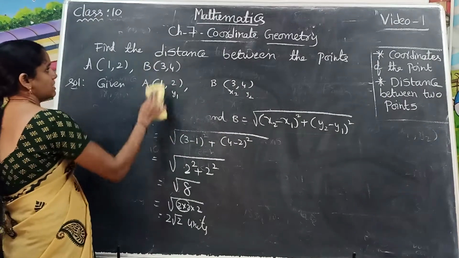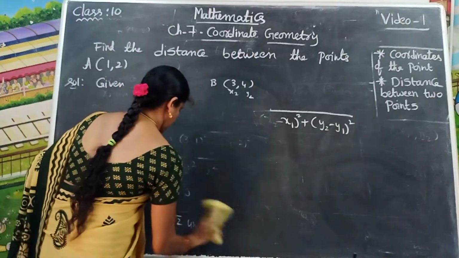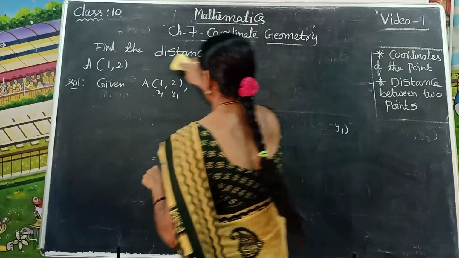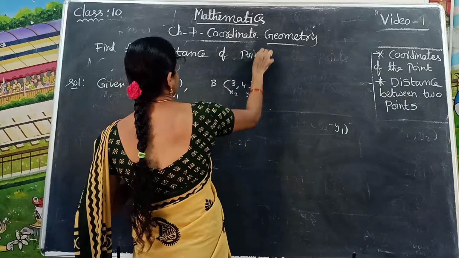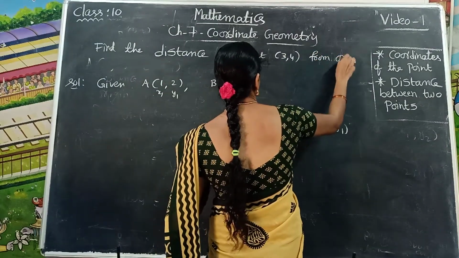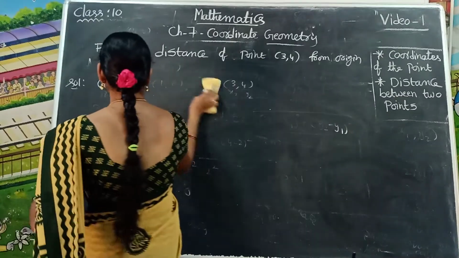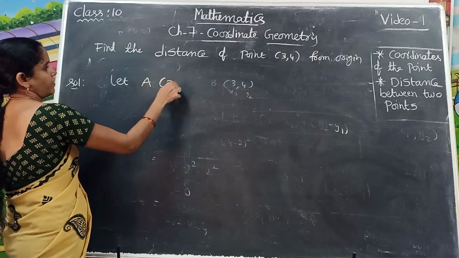They gave, find the distance of point 3, 4 from origin. What is the meaning of this? Let us take one point as 3, 4.